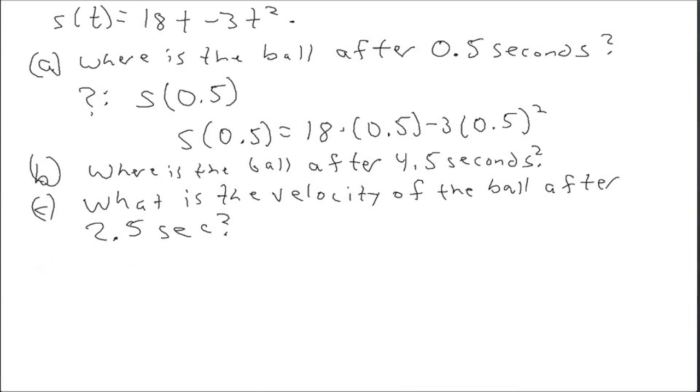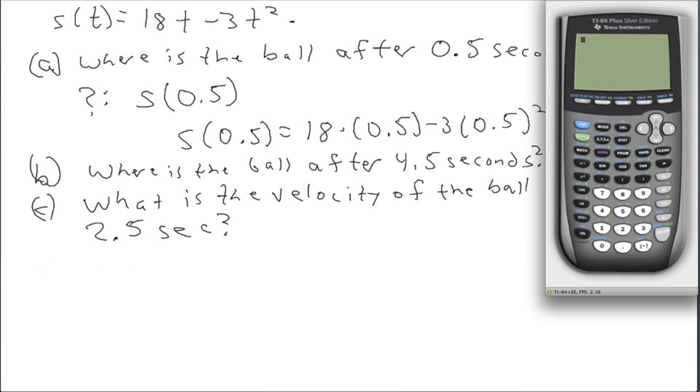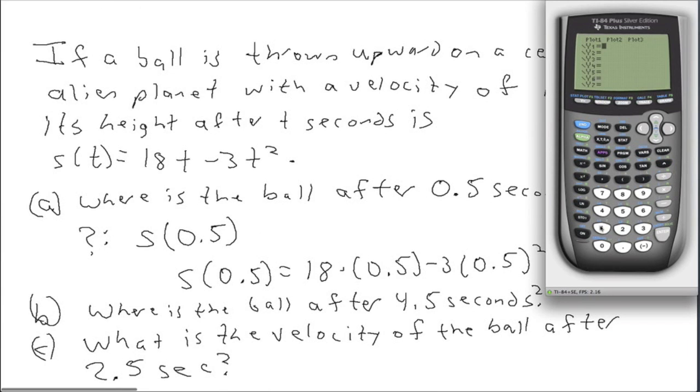Okay, I'm going to go back to my screen to show you how to do this on your calculator a little bit more. All right, so we go to y equals, and then the function here was 18x minus 3x squared. Now notice one thing that's confusing is your calculator is not flexible when it comes to graphs.